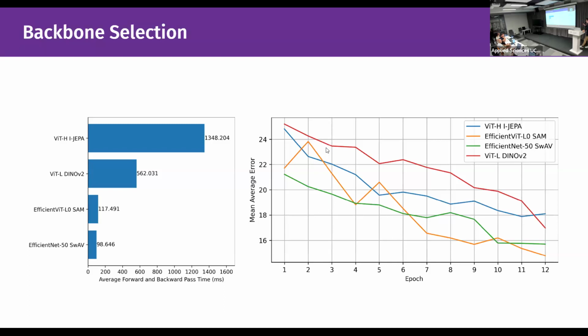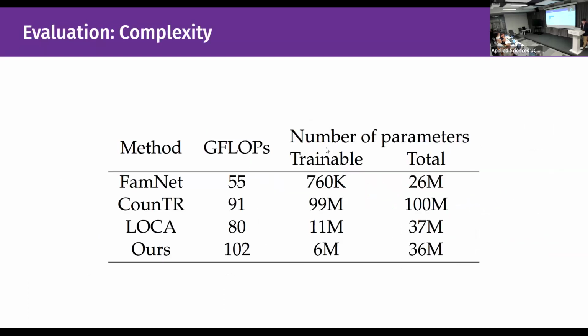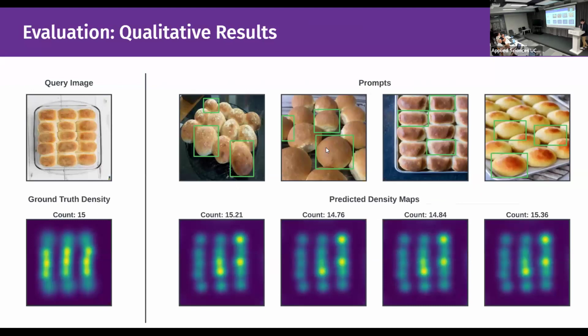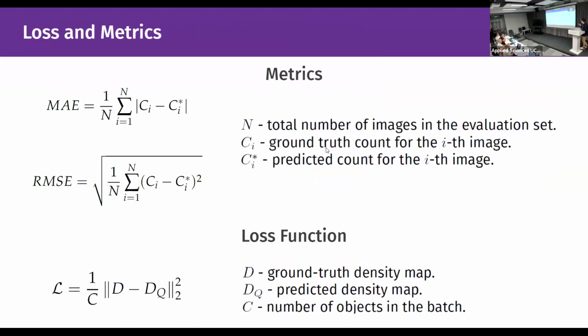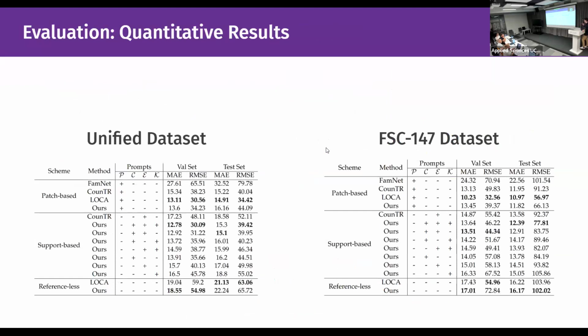As for production, although we have an average error of about 10 in some cases, it's important to note that it's calculated on images that can have thousands of objects.